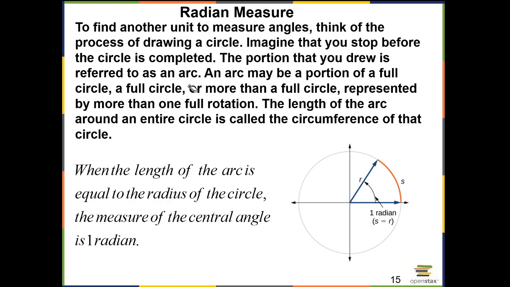All right. So what is radian measure? Well, dividing one rotation into 360 has really nothing to do with the circle and what we are doing here. Just somebody decided to divide it into 360.